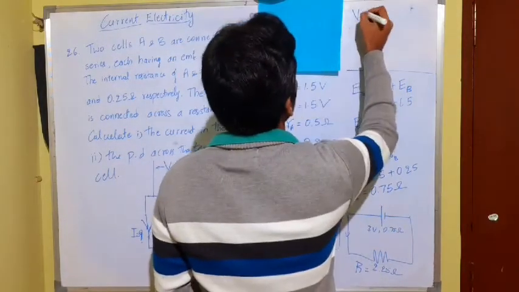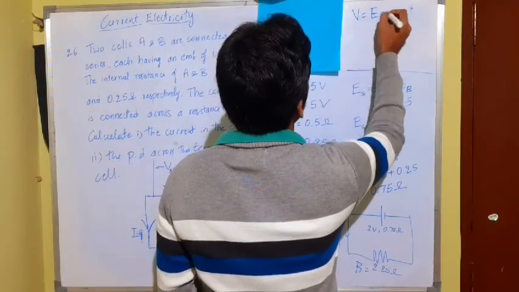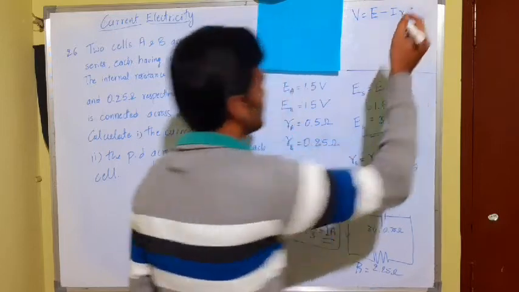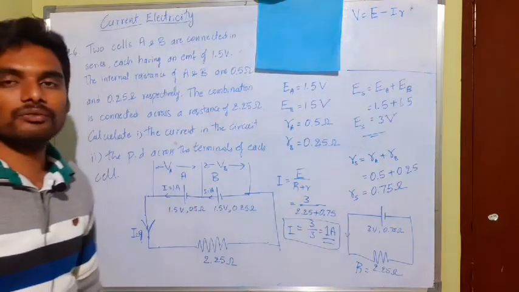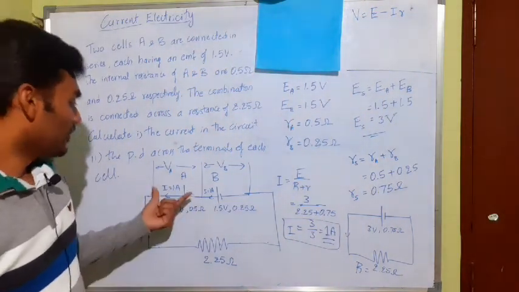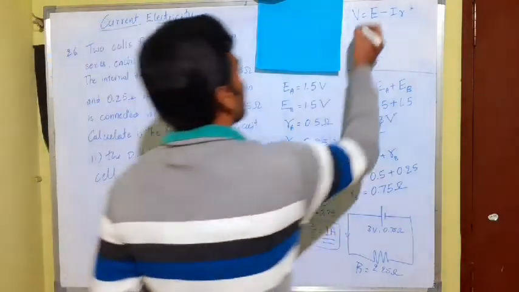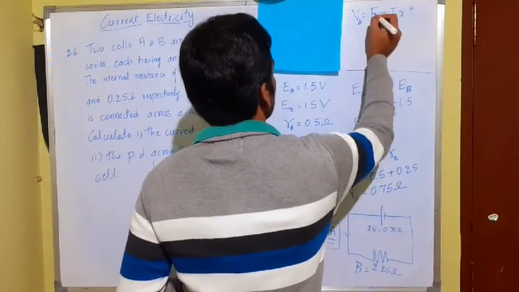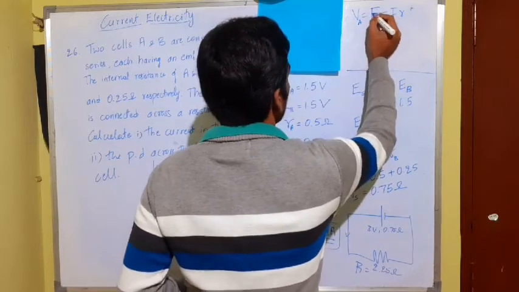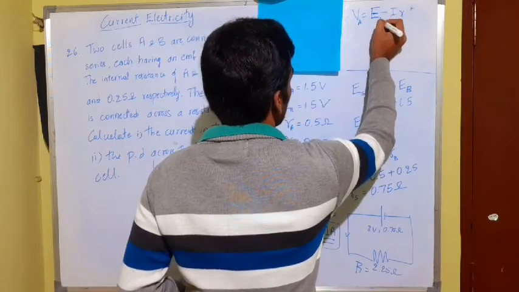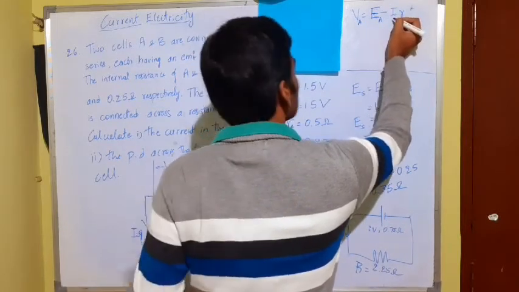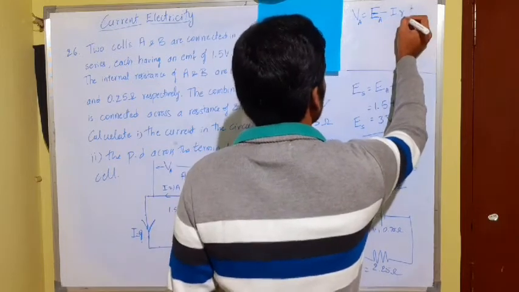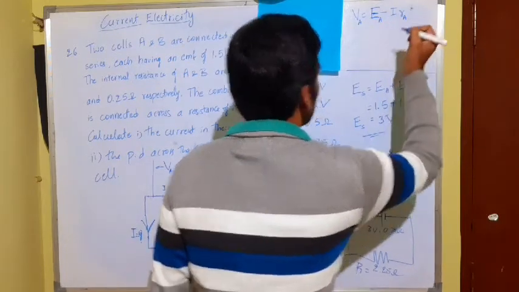It says V is equal to E minus IR, the very familiar formula of a cell. I can call that VA, applied for the first cell, cell A. Instead of E, I call it EA. The current is the same, so I keep I. Instead of R, I write RA.